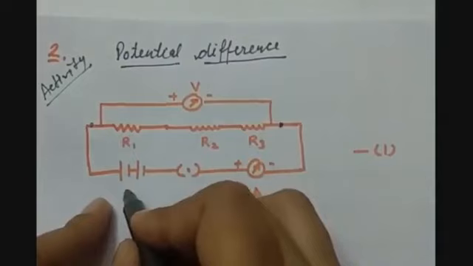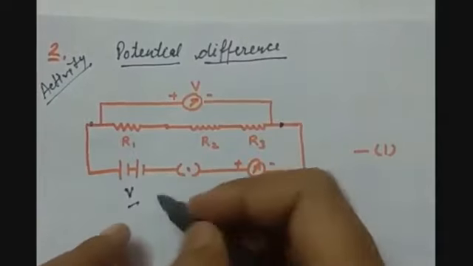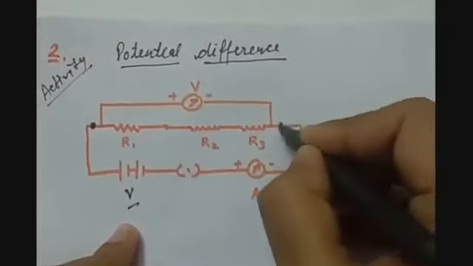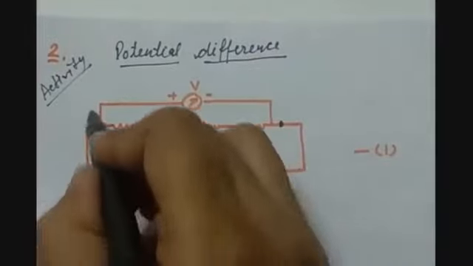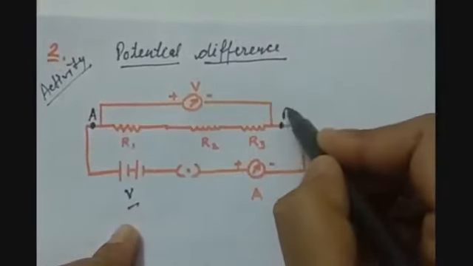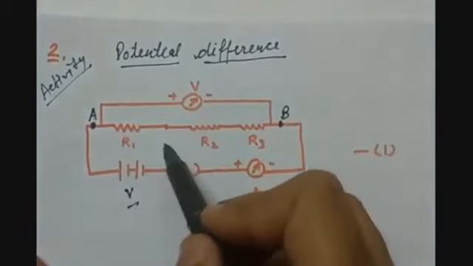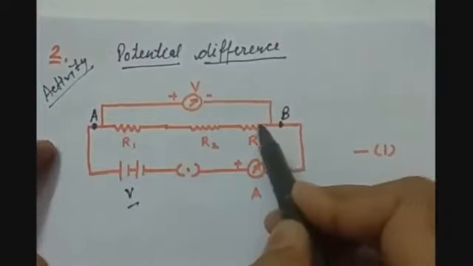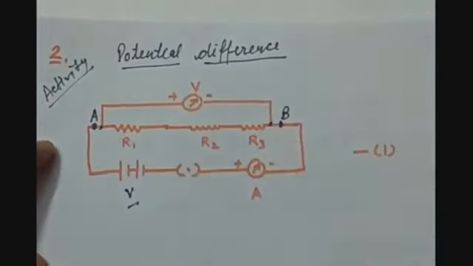So suppose we have a potential of V. So the total potential difference which is applied across the ends of the system of these resistors is V volt, and we can measure it with the help of a voltmeter by connecting the voltmeter parallel to the system of resistors.